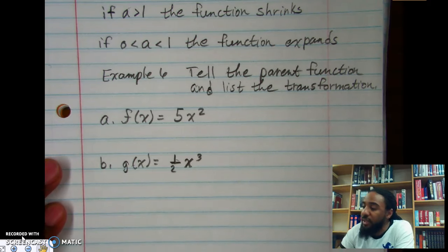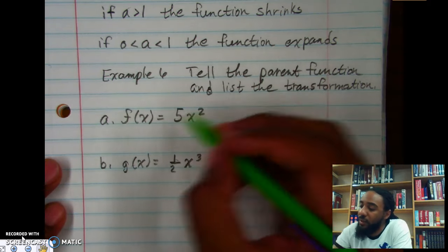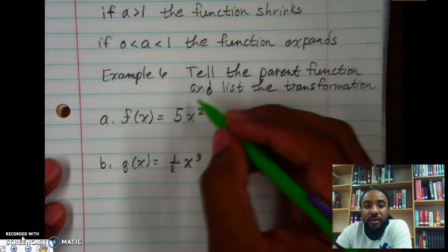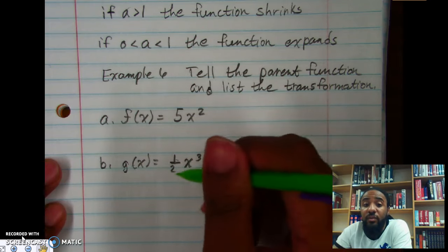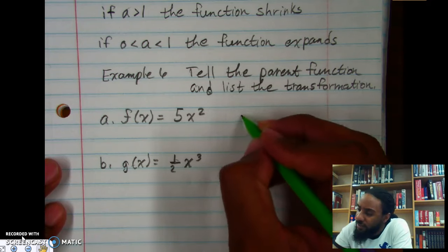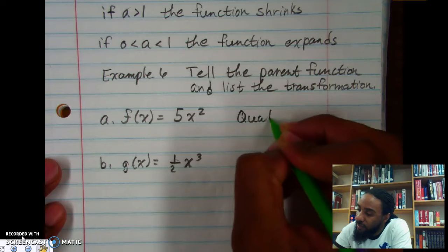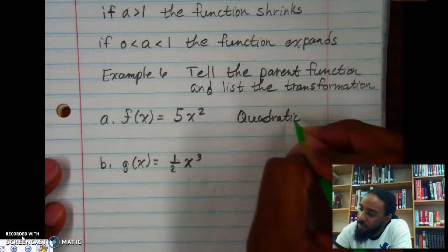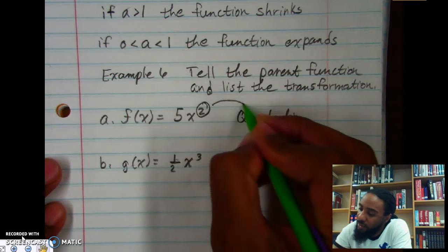All right, so if we look at it, so we have 5x squared, sorry, and then 1/2 x cubed. So that's a quadratic function here. Guess that square right there told you it was quadratic.